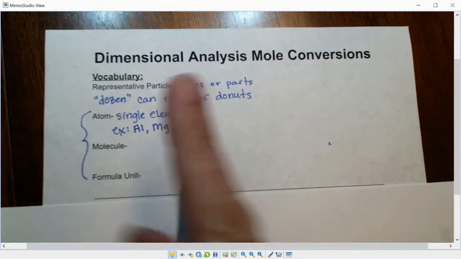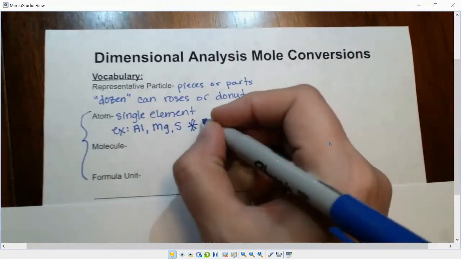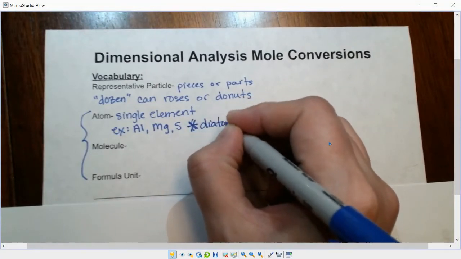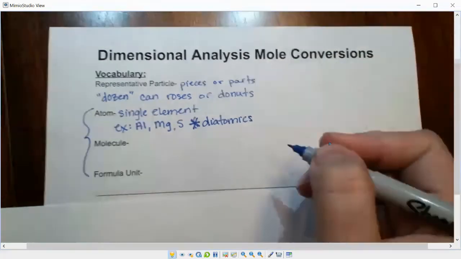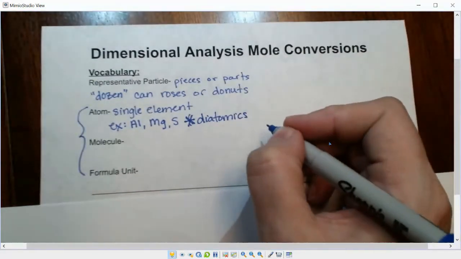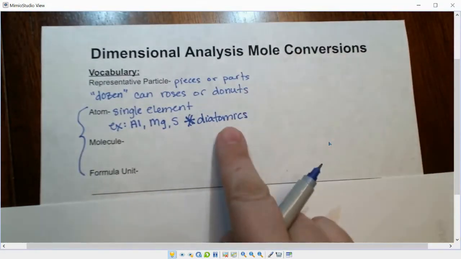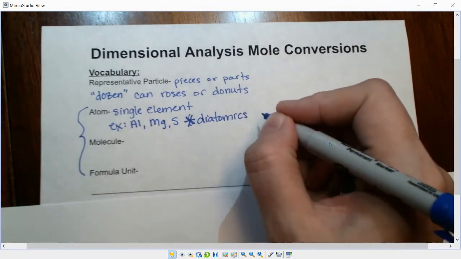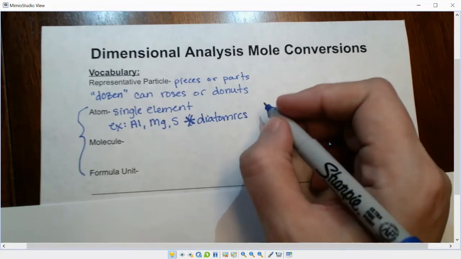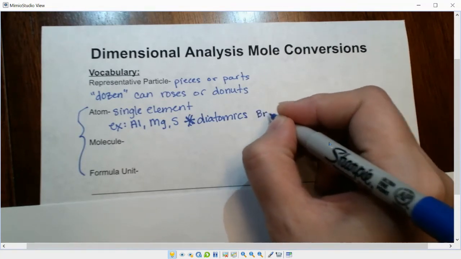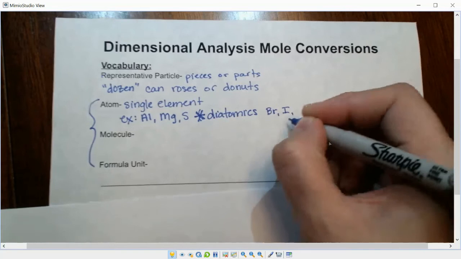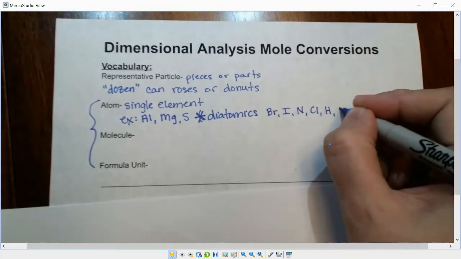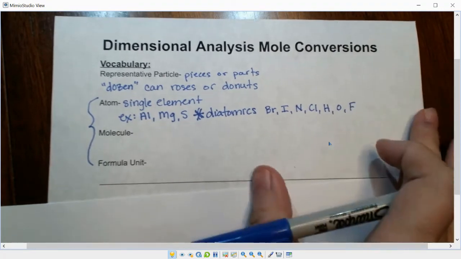Now, be very careful when we're talking about those diatomics, because remember, there were 7 elements on the periodic table that are diatomics, which means they do not appear in nature as single elements. They appear as compounds. They bond to something, and those were Br, I, N, Cl, H, O, and F.